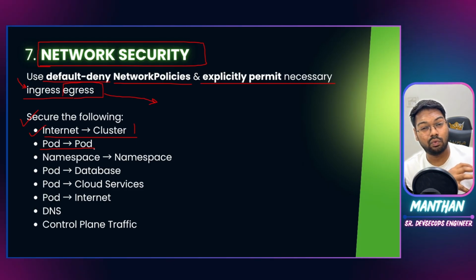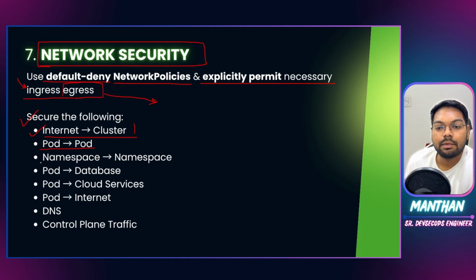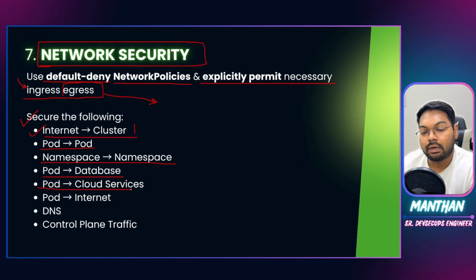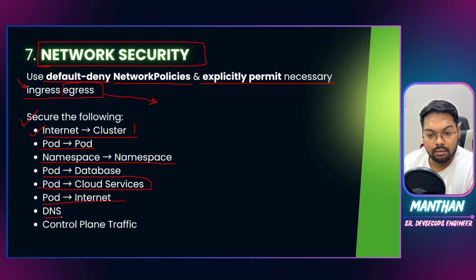Is that a sensitive node which holds the database or certain persistent volume claims? Then namespace to namespace communication, then pod to database communication. Then pod to cloud services, like one pod to an S3 bucket or some other service. That should be secured again. Pod to internet, and then DNS. Some DNS is resolving into some pod IP, something like that.